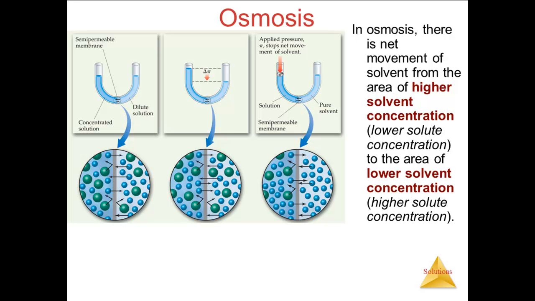As the video showed, the molecules of water pass through the membrane in both directions. However, since the concentration of water molecules is higher on the side with a lower concentration of solute, the water will flow from the side with a lower solute concentration to the side with a higher solute concentration.